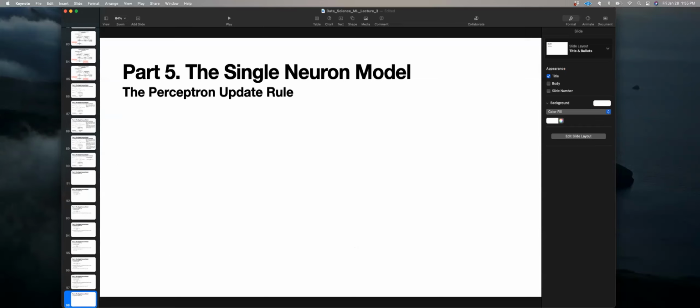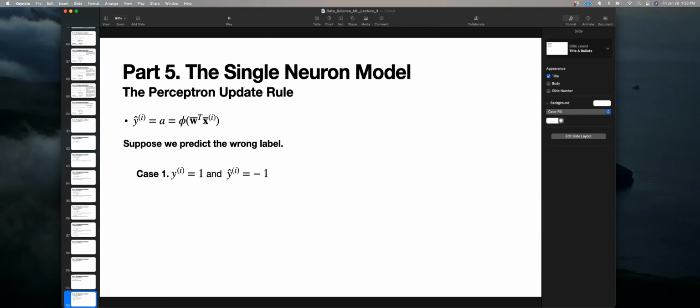All right, so now that we have that notation, we can talk about the update rule to better the weights and biases. So again, this is our output, and we're going to suppose that we predict the wrong label. There's two possible cases. Case one is that the label for xi was a 1, but the neuron says it's a -1.